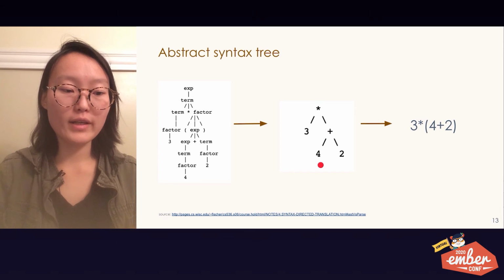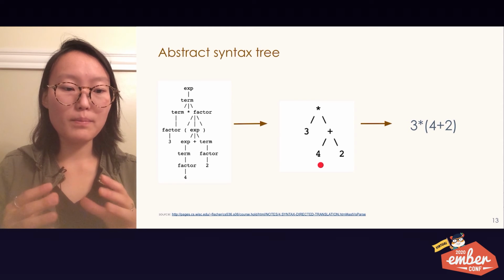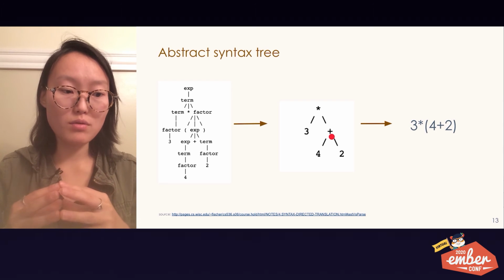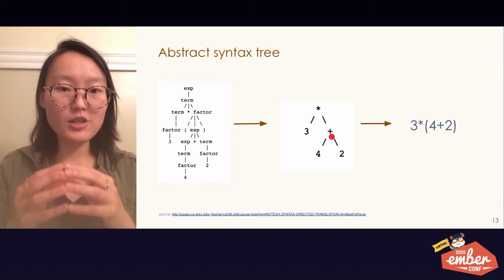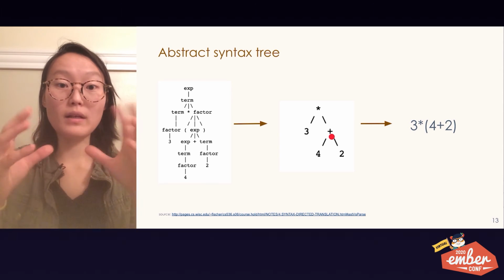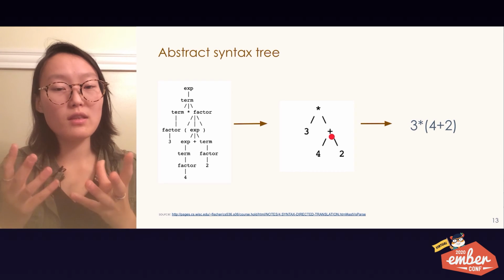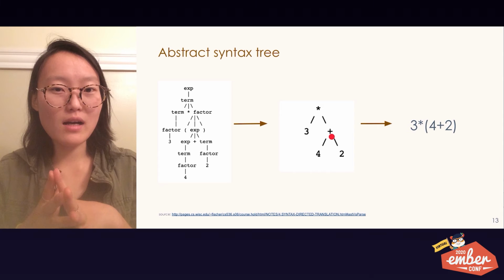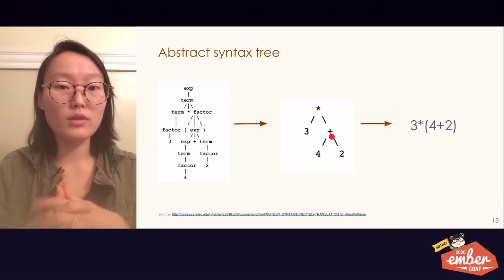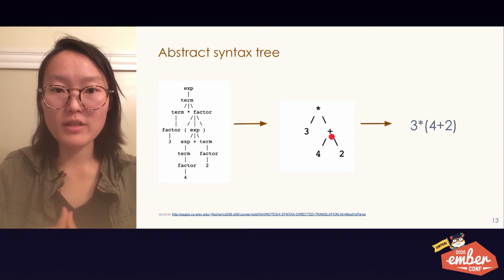Because if I look at 4 here, I can clearly see that the plus is taking precedence over the expression 4 plus 2, and then the multiplication is taking precedence over the plus, so it's at a higher level. With an abstract syntax tree, this is how, if we have code, people are able to know the context around it: through this hierarchical structure that provides a lot more information about the context.